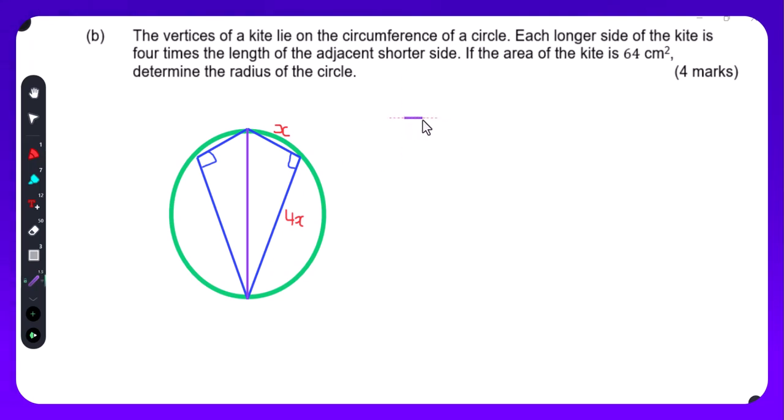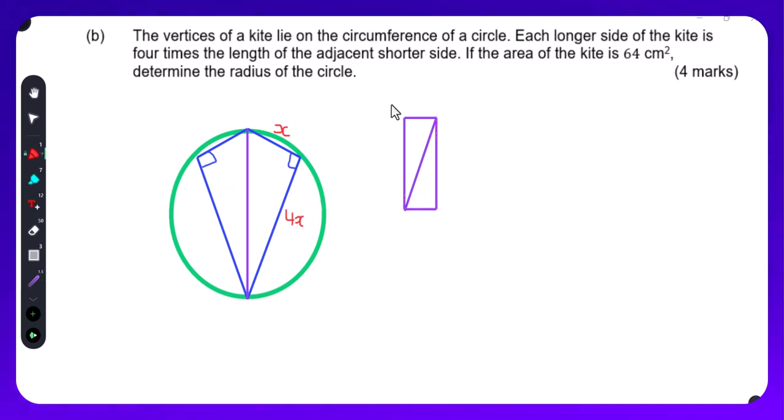If it's X across and 4X down, that makes one triangle. If we made the other triangle, it would have the exact same dimensions, and therefore it would actually make a rectangle.